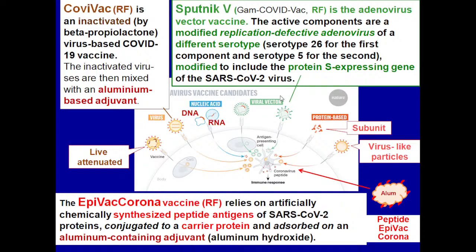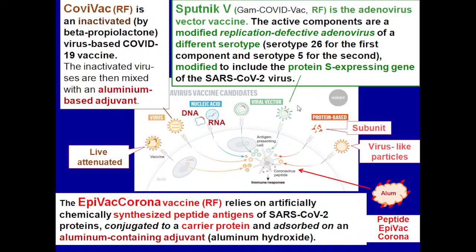Because when this viral vector is introduced into the human body, the immunity will be developed not against the spike protein of the coronavirus only, but against the adenoviral vector. So anti-vector immunity, even if it is very low, can be developed.